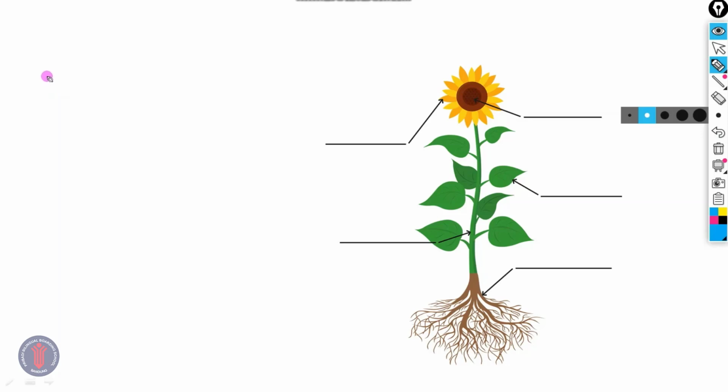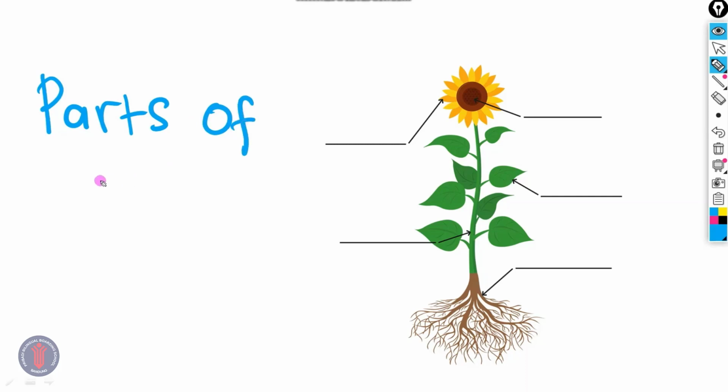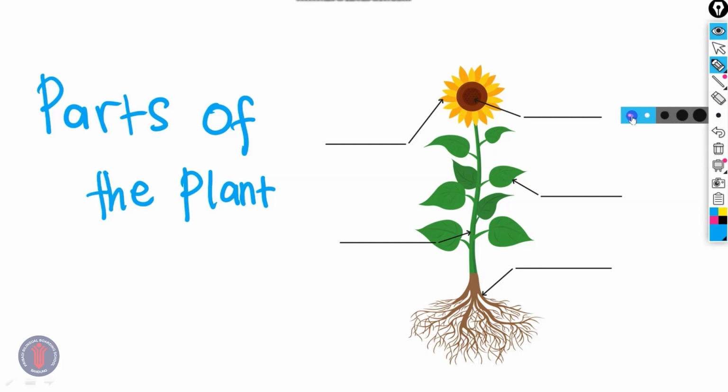Okay everyone, so now we are going to review the parts of the plant. I believe many of you still remember how to label the plant, right? Let's begin from the bottom of the plant. Here we have what is called the root, right?